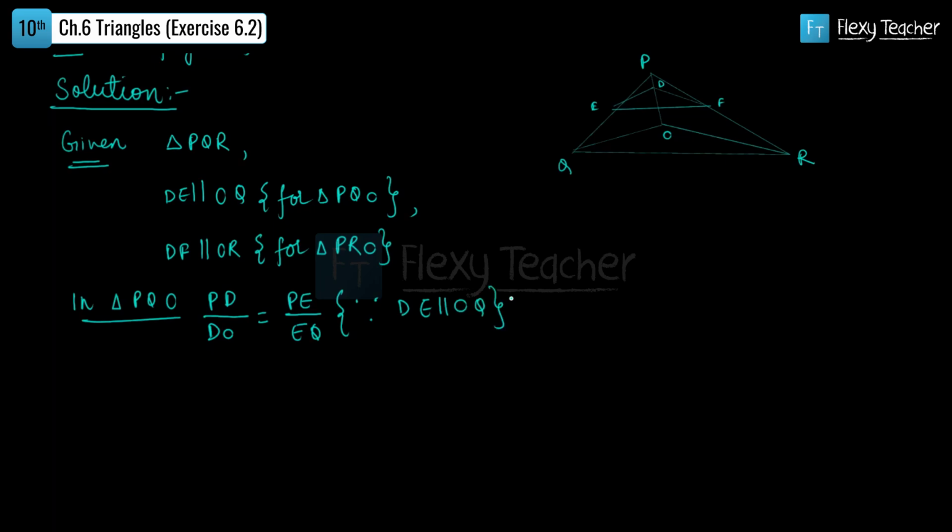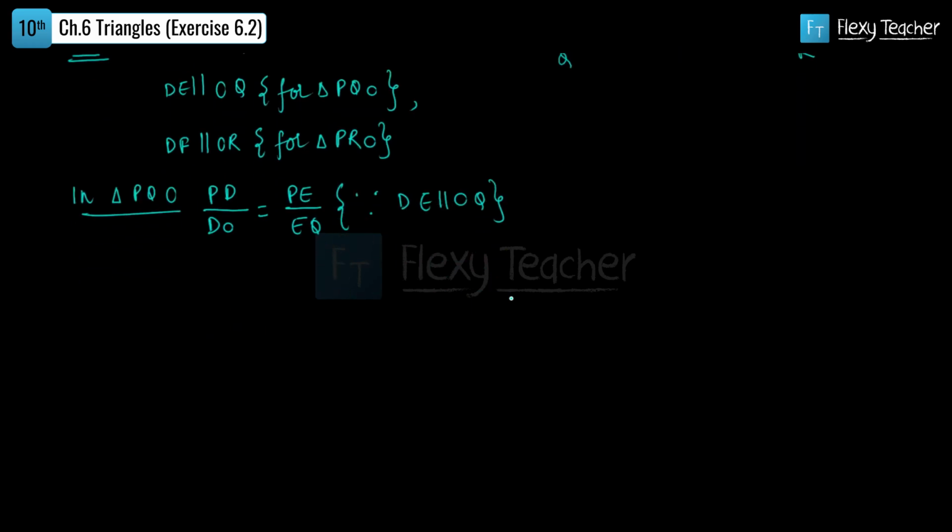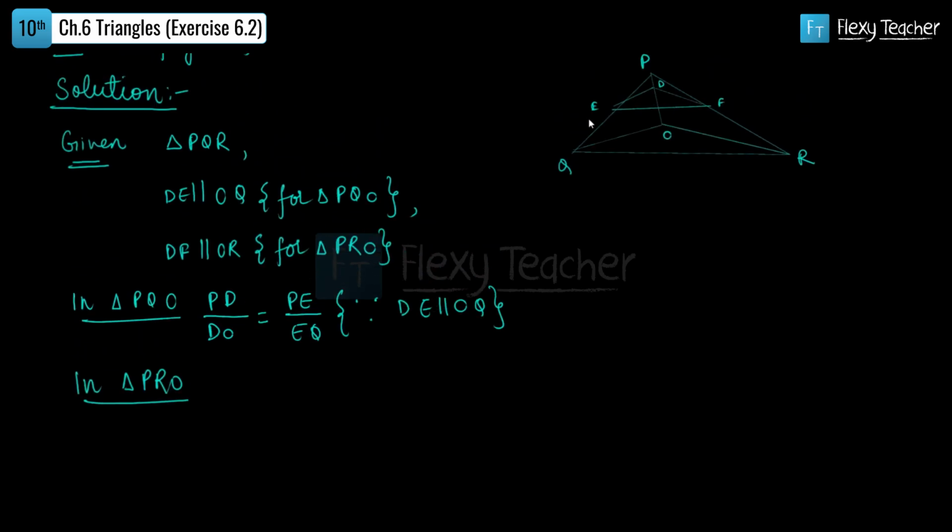Okay, now let us come to the second part, जिसमें हम लेंगे ट्रायंगल PRO. In triangle PRO, we know that DF is parallel to OR. Okay, so when DF is parallel to OR, PD upon DO is equal to PF upon FR.